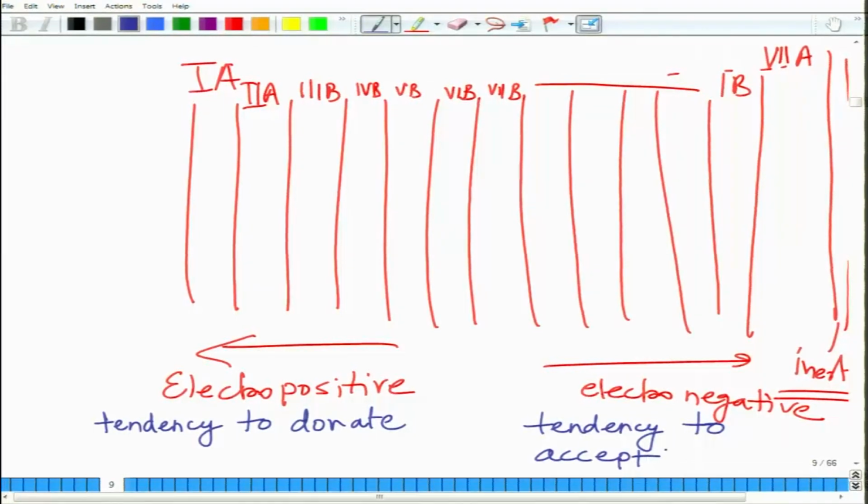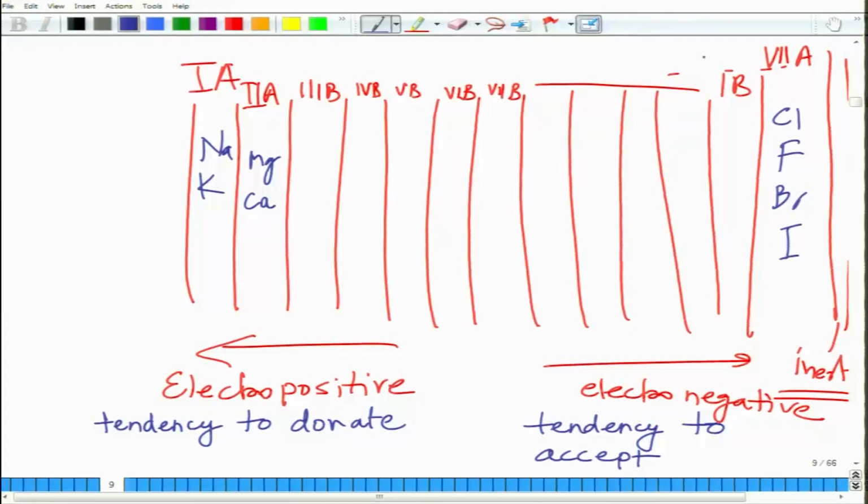So, things like sodium, potassium, magnesium, calcium, all these elements on this side they are electropositive, they tend to give away the electrons. On the other hand, things like chlorine, fluorine, bromine, iodine, they have a tendency to accept electrons.